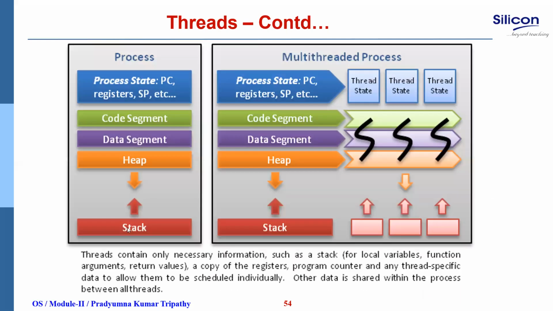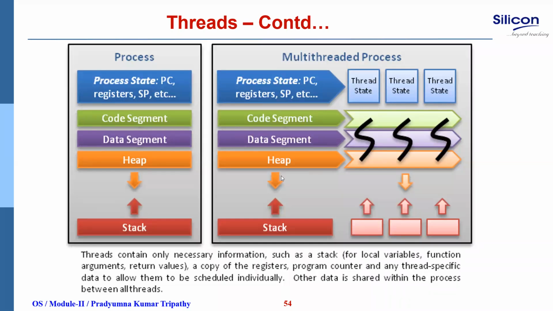Just see over here. This is the process in which we keep the process state, registers, stack pointer, and many pieces of information in a PCB. There is a code segment, data segment, a heap, a stack, and this is how a process is kept in memory.